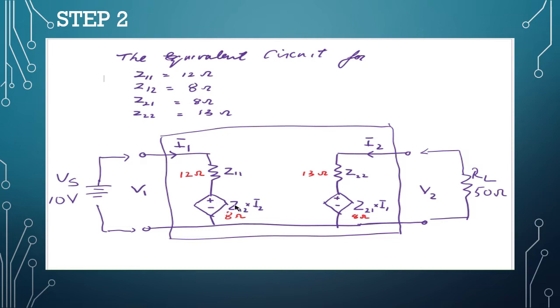So you have Z12 times I2. Over here, we have an impedance, Z22, in series with a dependent voltage source that depends on the current I1 in the opposite port.